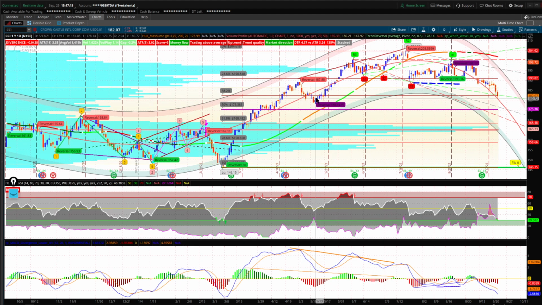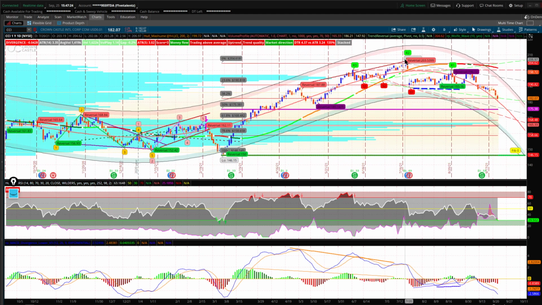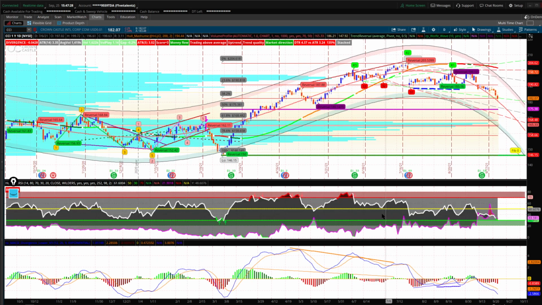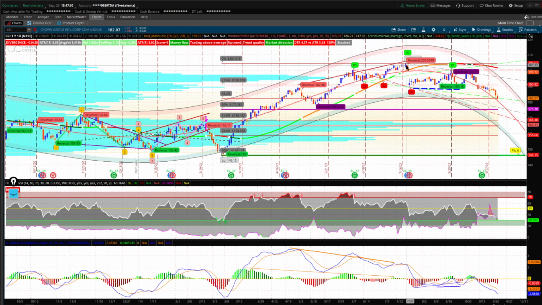Or if I'm in, especially if I'm seeing this come up, and with the combination of being up by the buy zone here, or the sell zone, this is going to help tip me off to this drop. It doesn't always indicate gap downs, but slight drops like this.